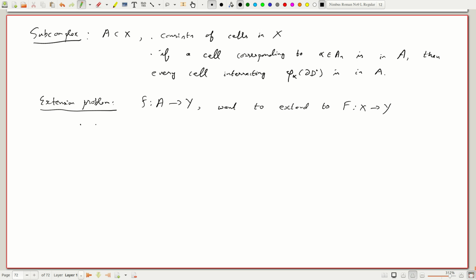Okay, so it's enough to define it on cells not in A, and inductively on dimension.